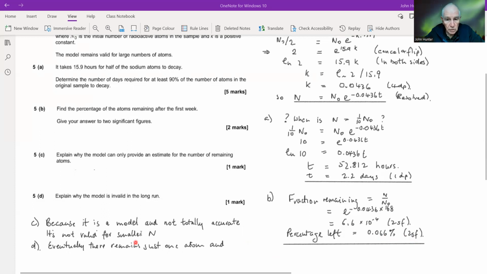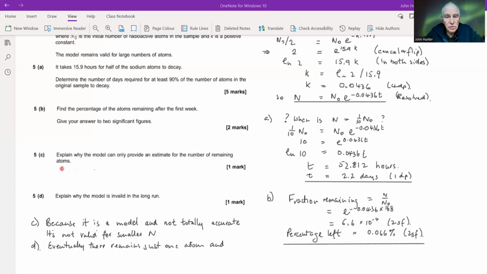The other two parts are only 1 markers, but in this case they're not completely obvious. Part C says explain why the model can only provide an estimate for the number of remaining atoms. There are two things really. First, we don't know the initial number of atoms, so we need some other assumptions to say what the value of N is.